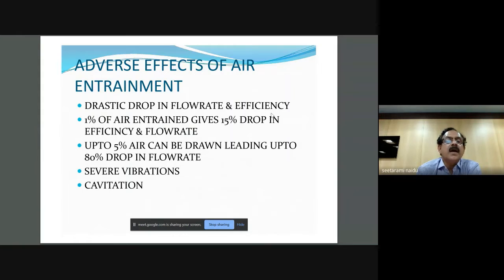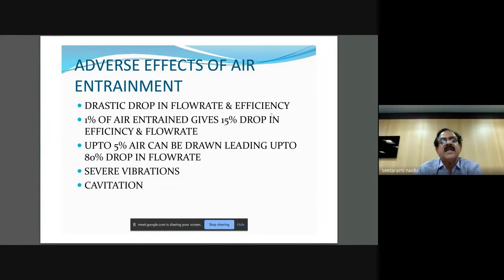A drastic drop in flow rate and efficiency is possible if the sump is not proper. 1% air entrainment can give a 15% drop in efficiency and also flow rate of the pump.